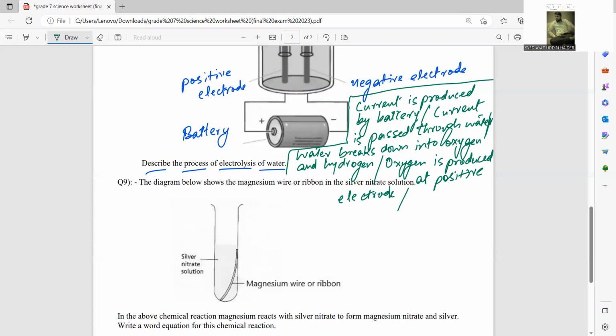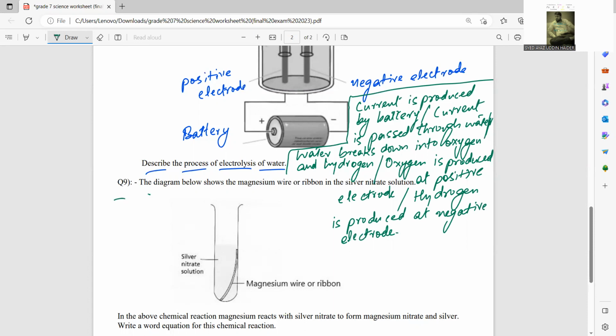Last one, hydrogen is produced at negative electrode.